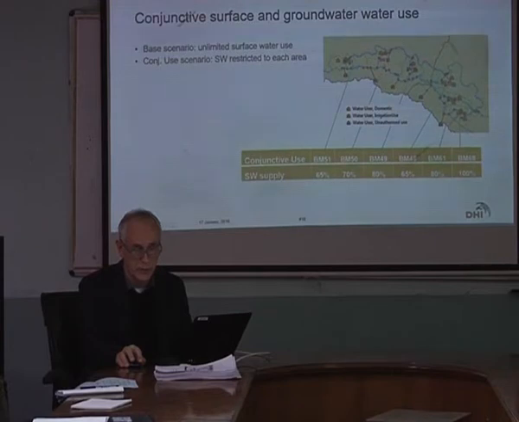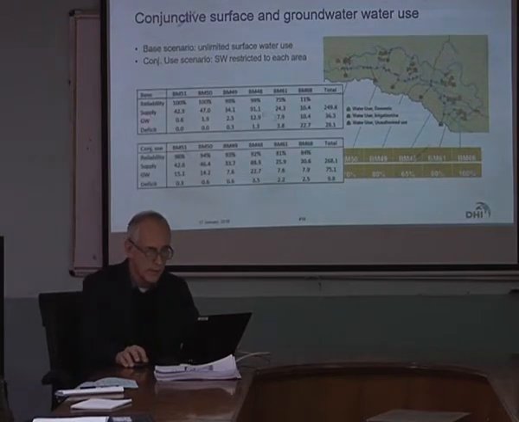And then, of course, the last one would take 100% if there is water in the channel, but otherwise groundwater. The impact of that would be on the reliability for the different basins here. In the first scenario, where it was unrestricted, of course the upstream ones had almost 100% reliability. The last one had 11%.